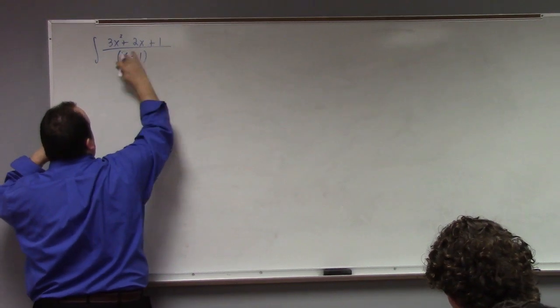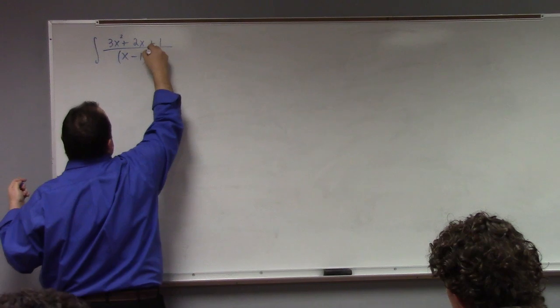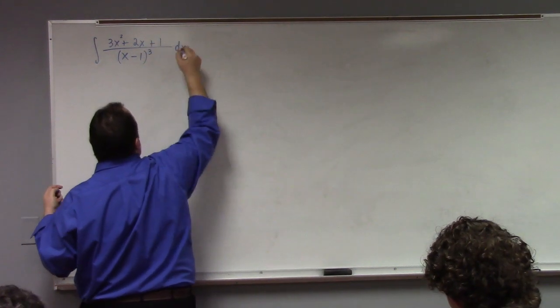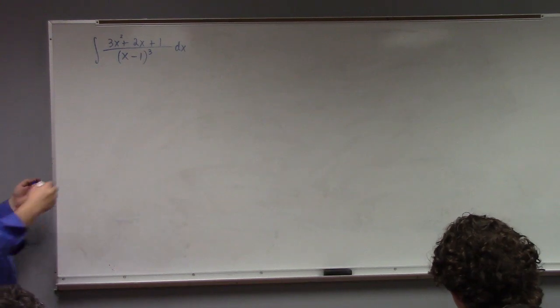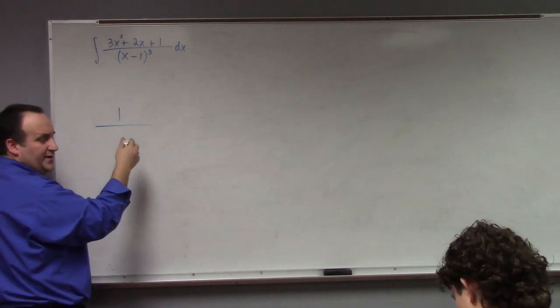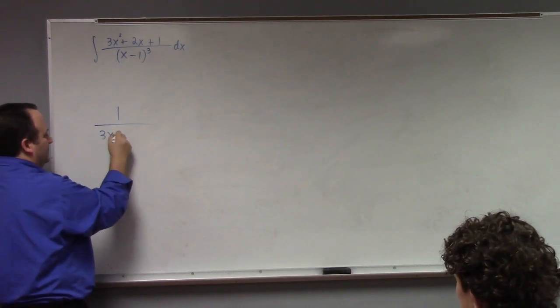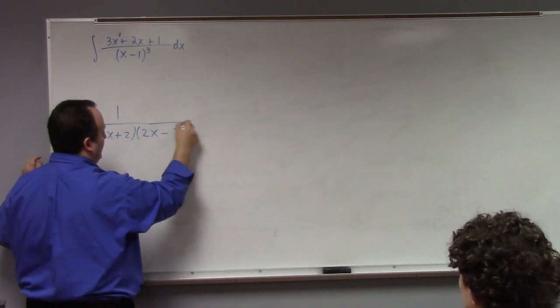There's something I wanted to talk about today, and we got off on other tangents. Just a throwaway comment to help you with homework: if I had something like 3x plus 2 over 2x minus 7, it's perfectly fine.